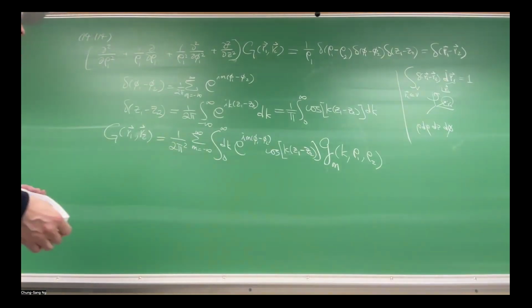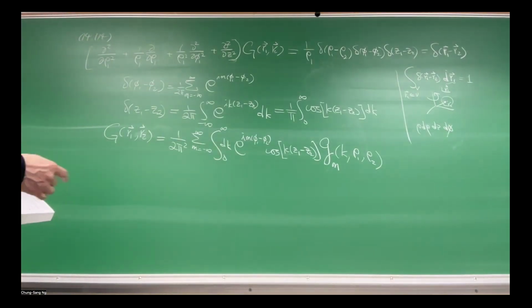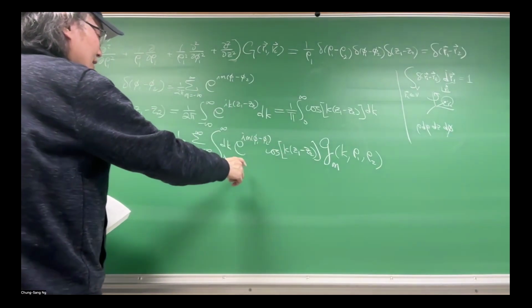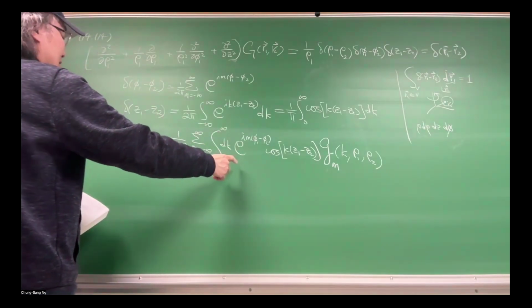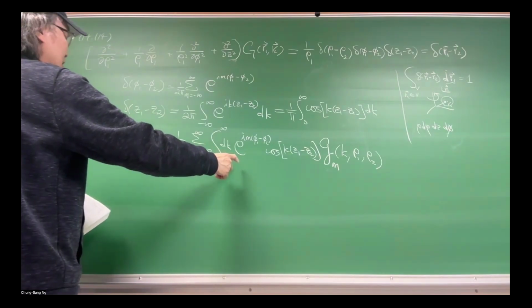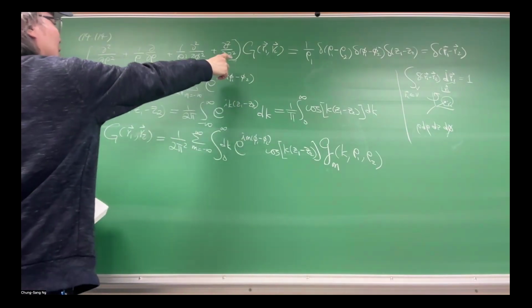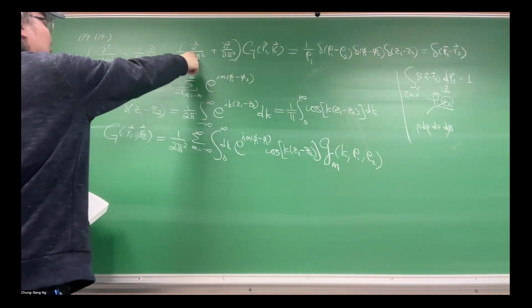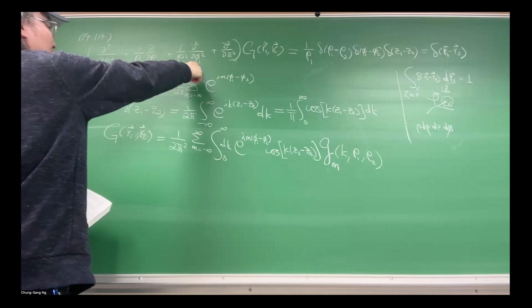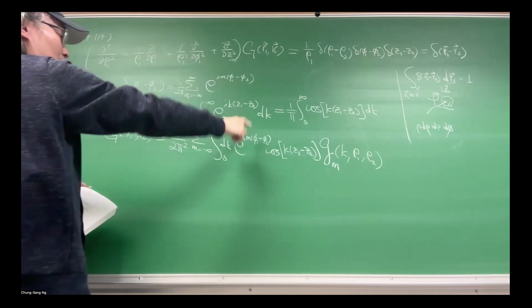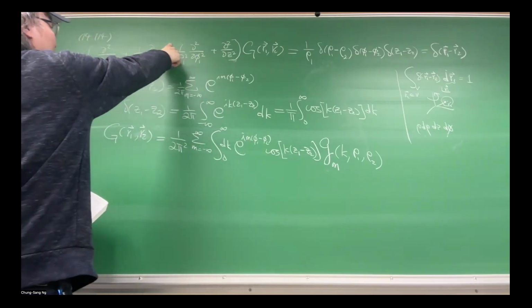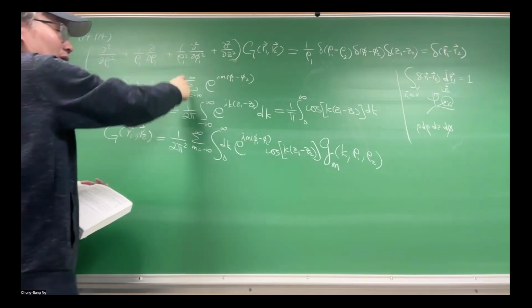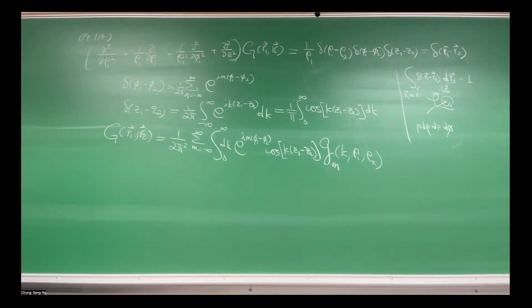You can go through the process, but if you just want to save some time, you just look at the dependency. If you substitute this into here, the phi part will pull out minus m squared because this operates on this factor, so it becomes minus m squared divided by rho 1 squared.